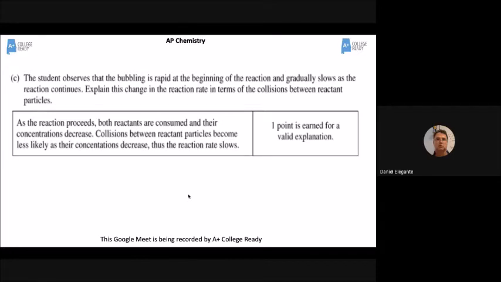So you could have gotten 1 point here for saying that because you use up reactants, there are fewer collisions between reactants. And that would work. That would give you 1 point. Now, it doesn't say it, but I bet you if you said it got colder and colder molecules mean less frequent collisions, I bet you would have got the point there as well.